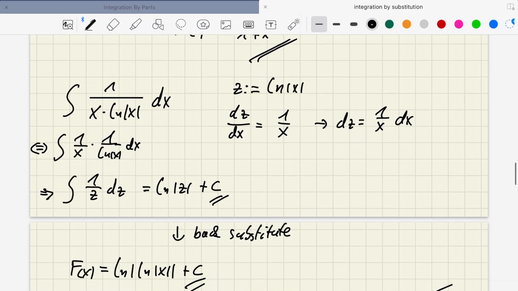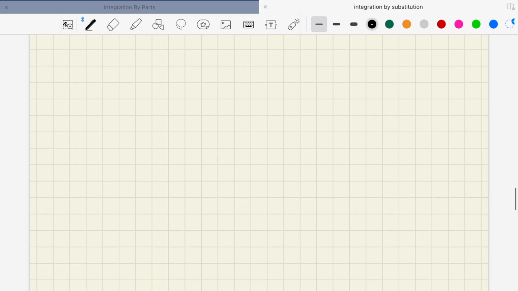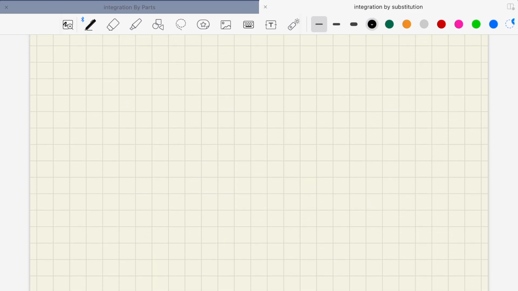All right, and now I am going for an example referring to a definite integral.